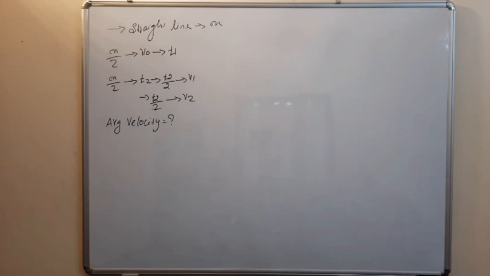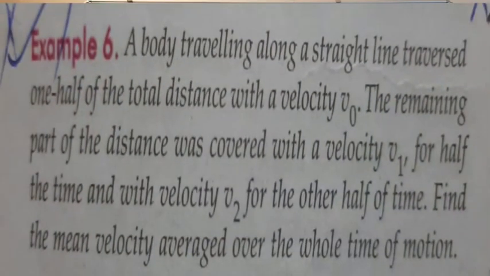So the third problem. A body traveling along a straight line traversed one half of the total distance with a velocity v0. The remaining part of the distance was covered with a velocity v1 for half the time and with velocity v2 for the other half of the time.